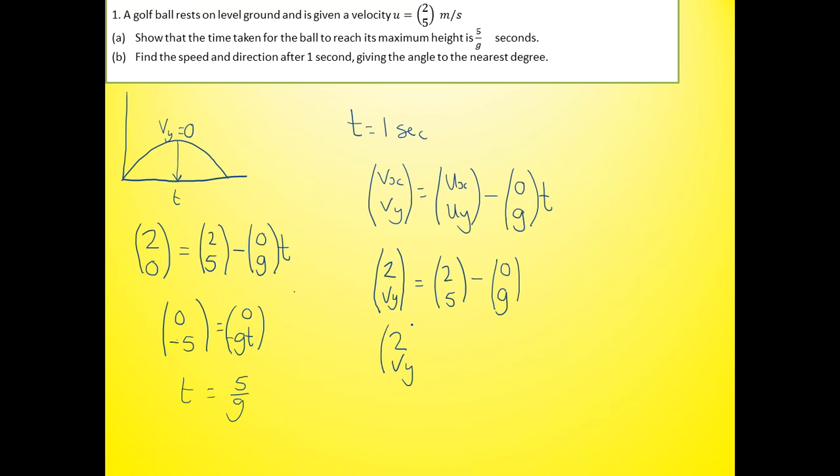So combining these together, we get our Vy equal to 2, 5 minus G, which means that our Vy ends up being 2, and it's going to be minus 4.8.